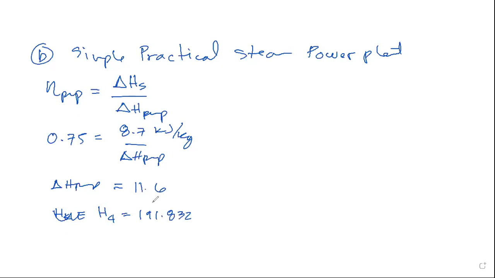So pag inadd nyo yung 11.6, ang bagong H1 natin ay, this is kilojoules per kilogram, para sila ng unit.